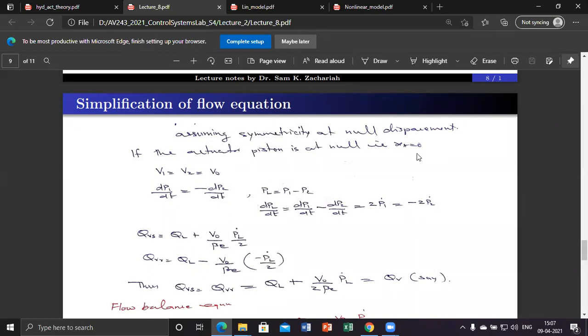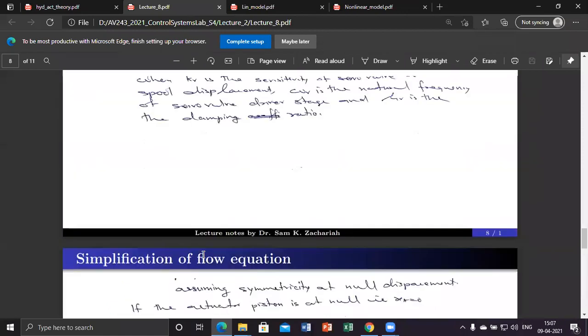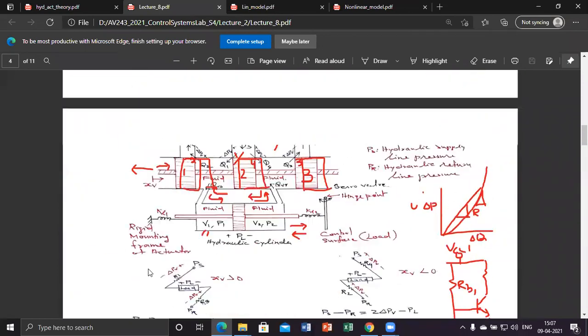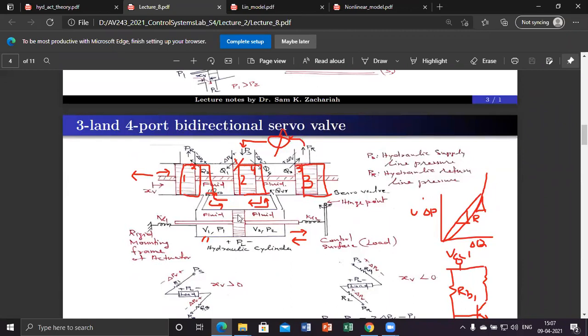Assuming symmetricity at null displacement. If the actuator piston is at null, that is at xa equals 0, V1 equals V2 is equal to V naught. What I'm telling is this condition, the actuator is at null.